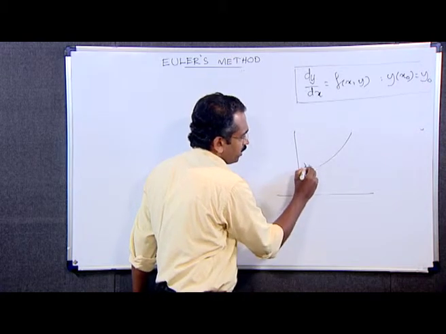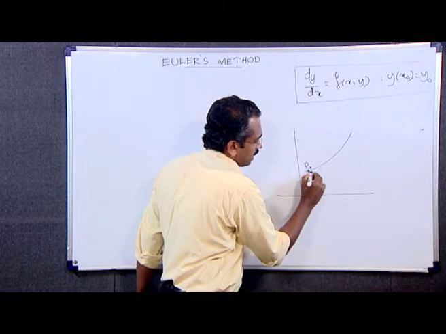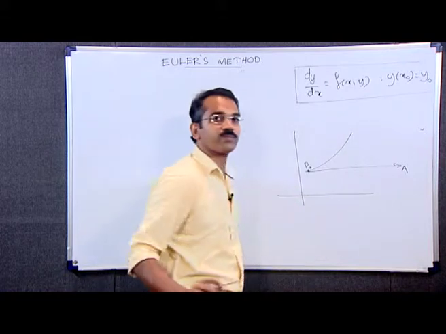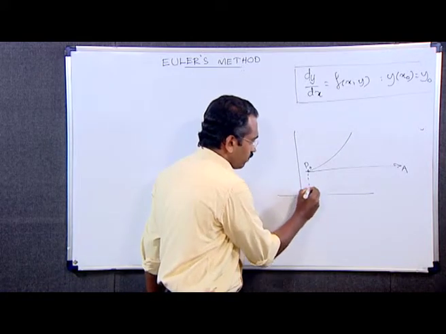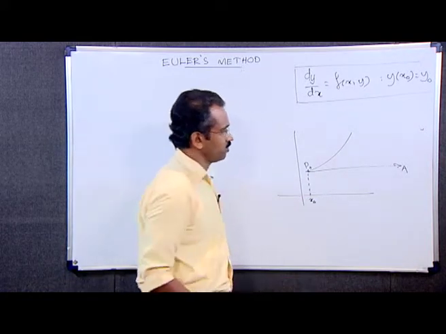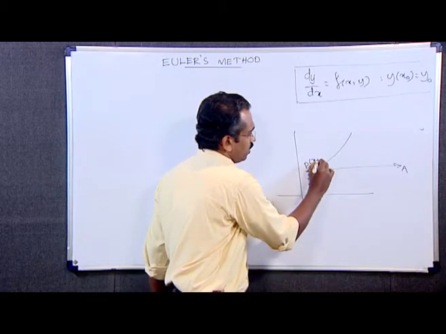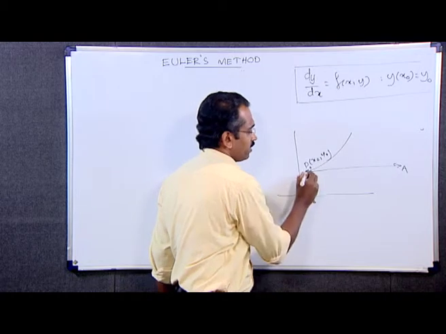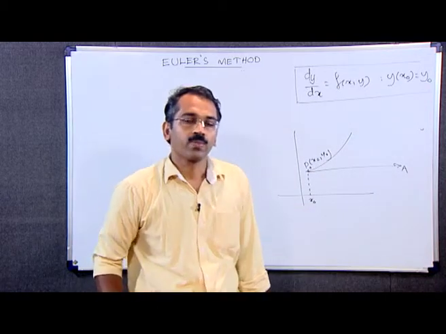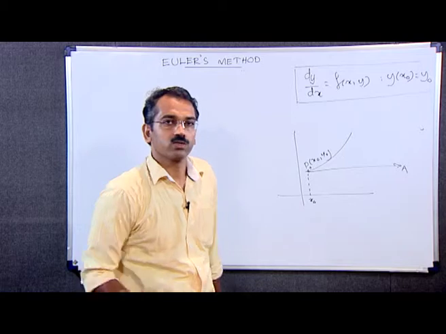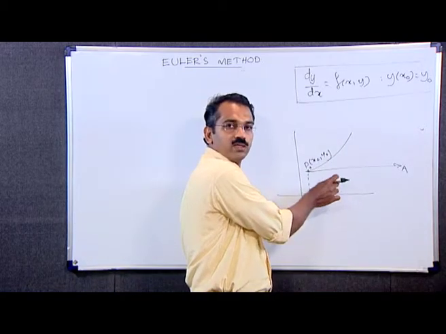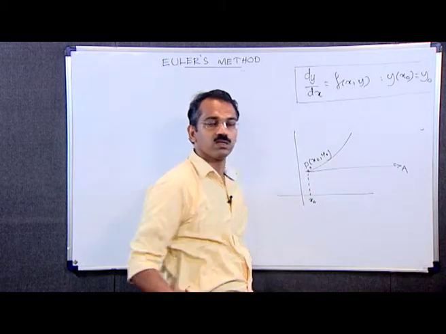This is our P0, the point x0, y0, and the corresponding tangent is the line P0A. In the interval x0 to x1, by the previous Euler's method, we approximate the curve by this tangent.